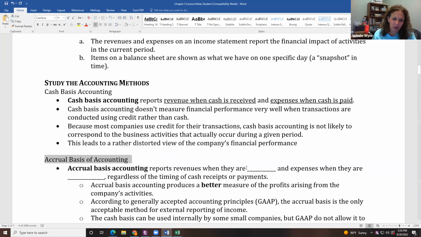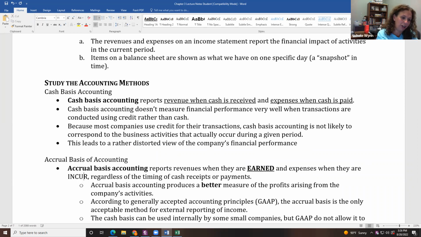Okay. So the accrual basis of accounting reports revenues when they are earned and expenses when they are incurred. And what that means is when you earn the revenue, that's when you record it as revenue. And expenses will be recorded even if you don't pay them.